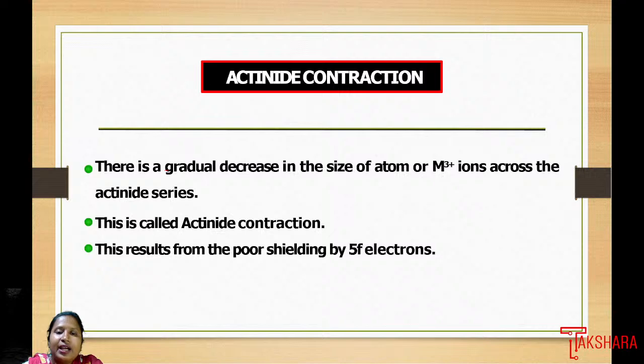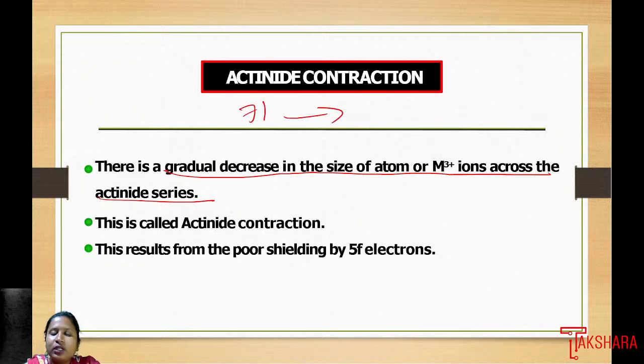So there is a gradual decrease in the size of the atom or M3 plus ion across the actinide series. In actinide contraction, atomic size or ionic size from atomic number 71 to 103 decreases. So the atomic number increases, but atomic size or ionic size keeps decreasing.